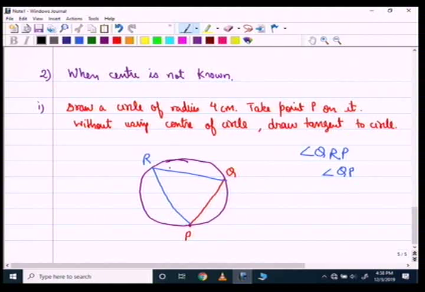Open your compass, keep the needle of the compass on point R and cut an arc like this.